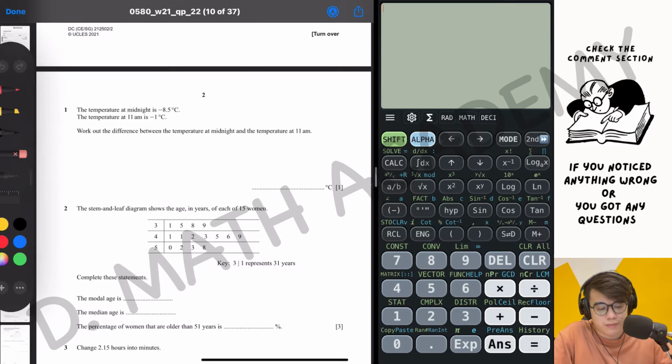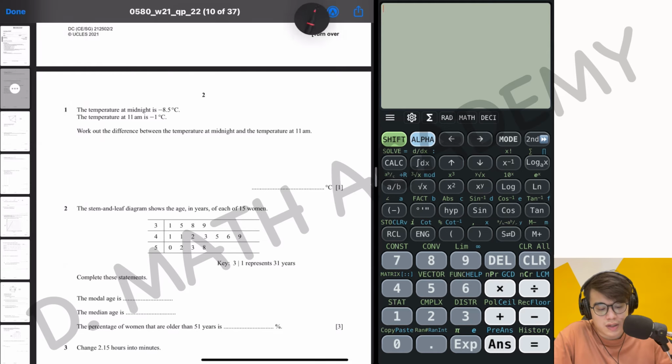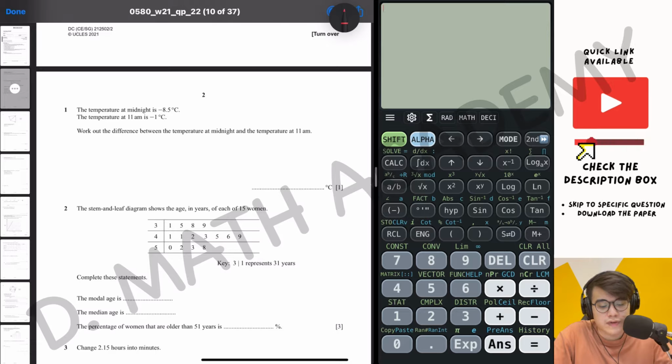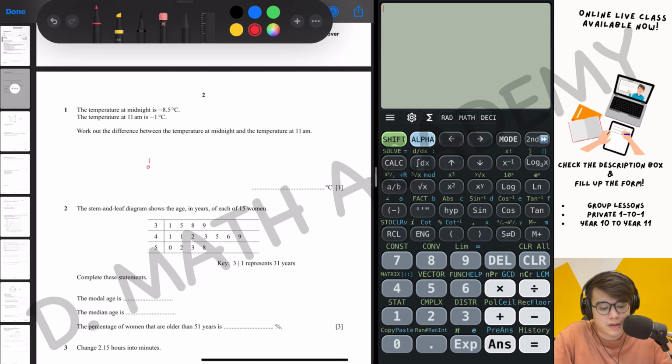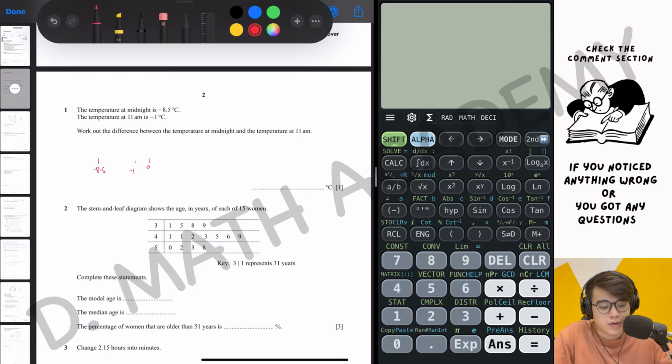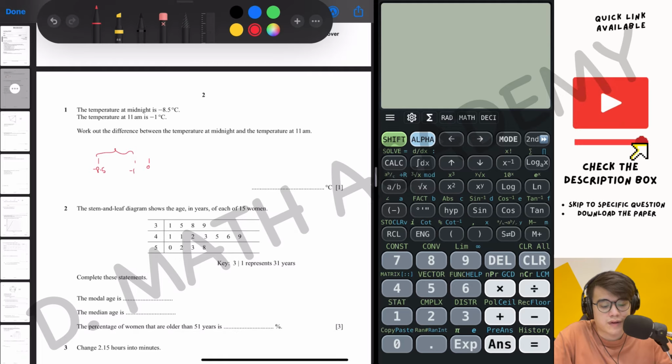So things that I would point out will be, if you're unfamiliar with this type of topic, it's best you write the 0 down, and then you have negative 8.5 here, and then you have negative 1 here. So they wanted you to find the gap from negative 1 to negative 8.5.